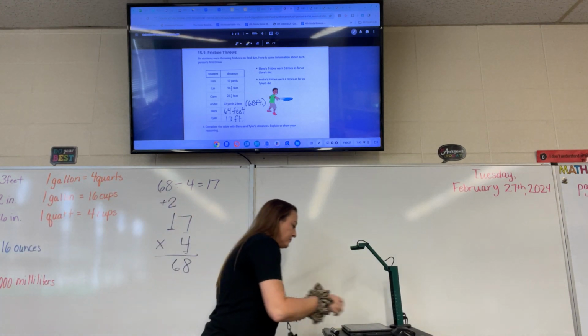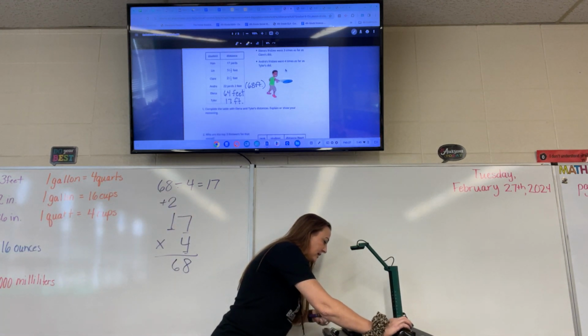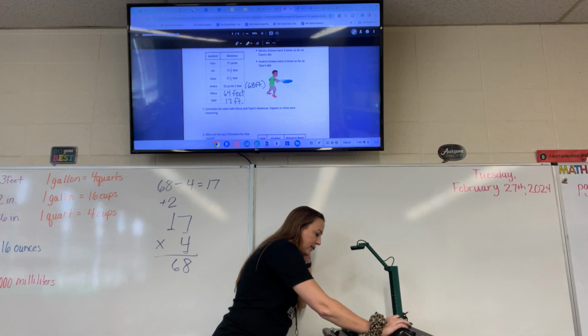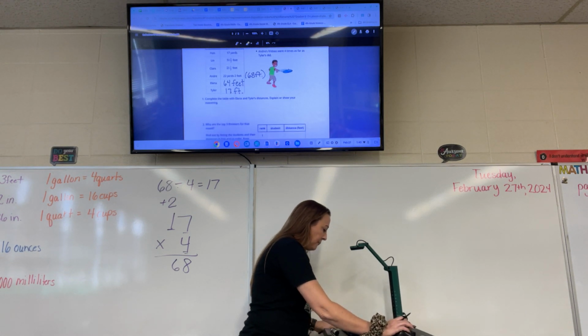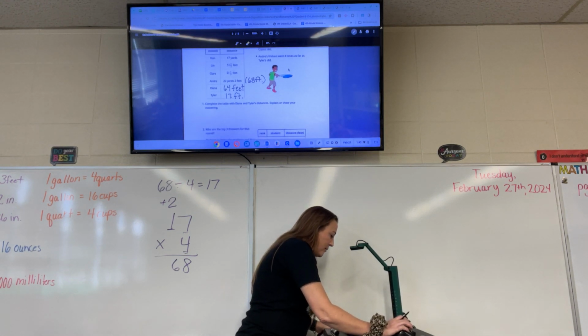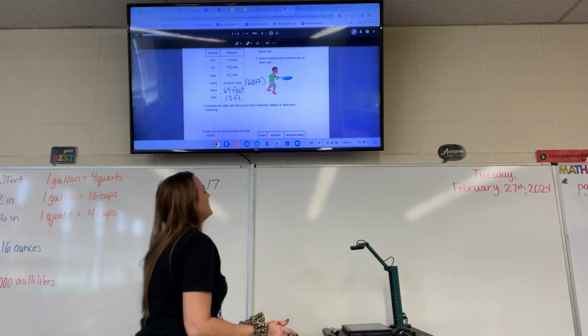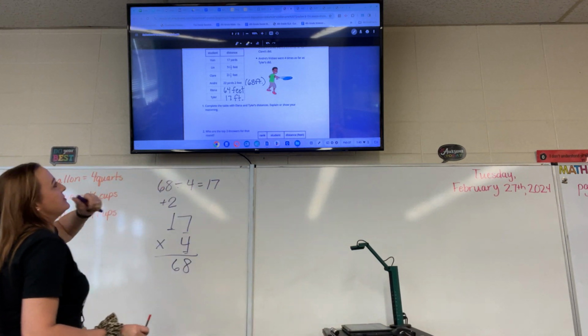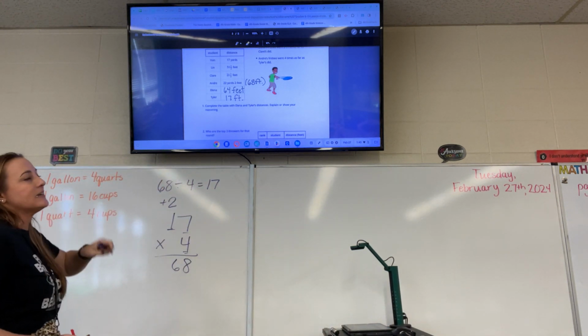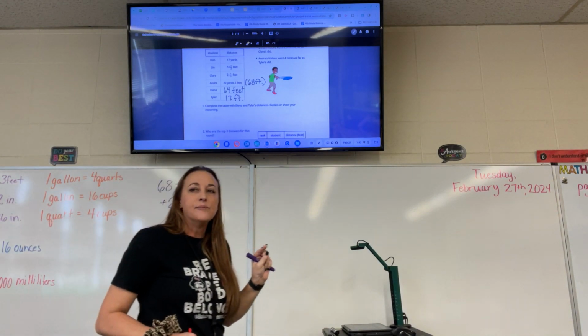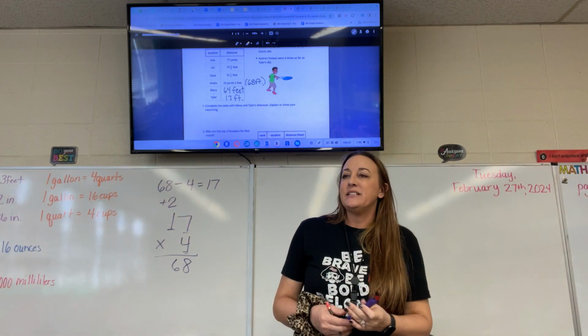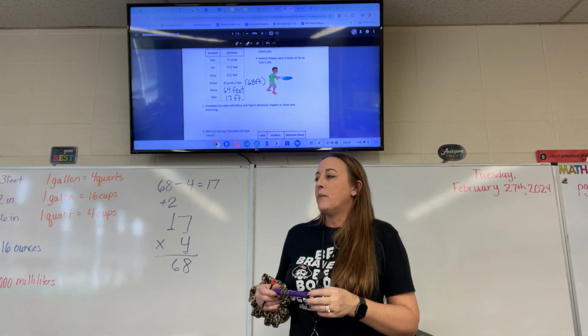Okay? All right. This says complete the table with Alina and Tyler's distances. We did that. Right now, if you'll notice, everybody in the table has been converted to feet except for one student. Whose number do we still have to convert? Jackson?